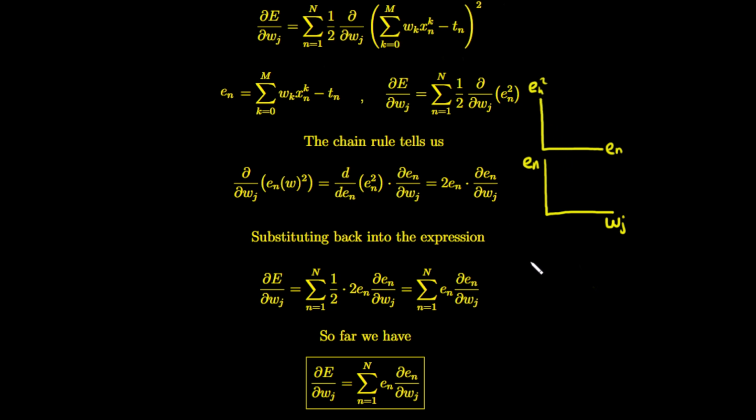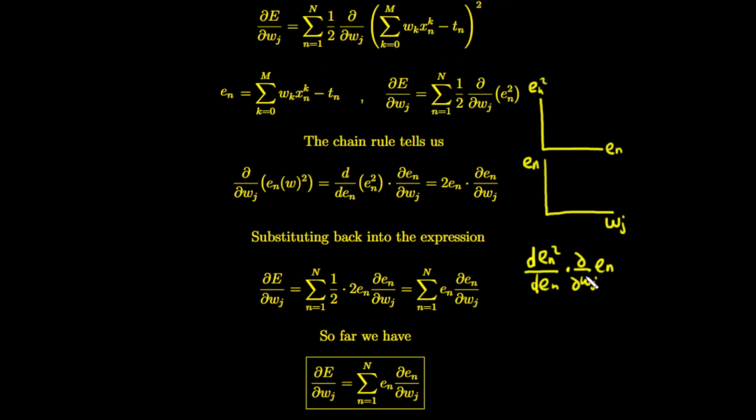So we're going to have to differentiate our en squared with respect to en. And it's just a normal differentiation because we've only got one set of values here for en. And then we're going to have to multiply it by the differentiation of partial by partial omega j of our en.